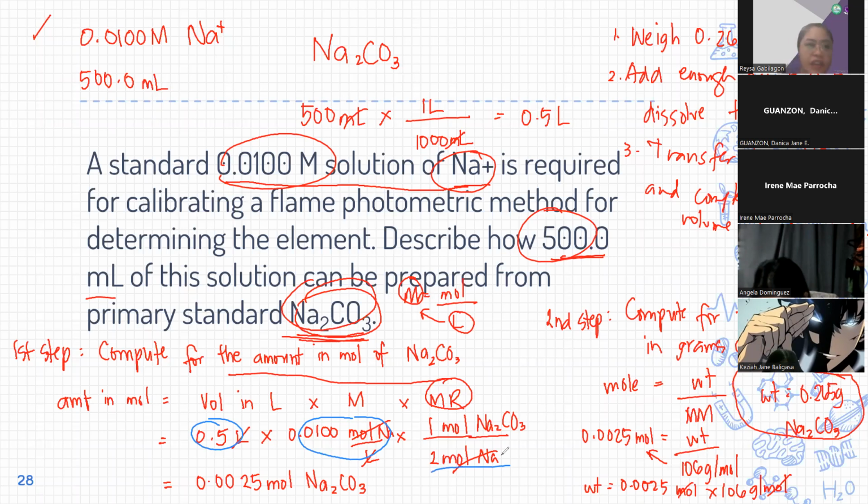You will use this only for cases where we are looking for a certain ion. But since there is no pure ion existing in the lab, we will have to use the compound containing that certain ion. Okay? So please add the mole ratio in the computation.